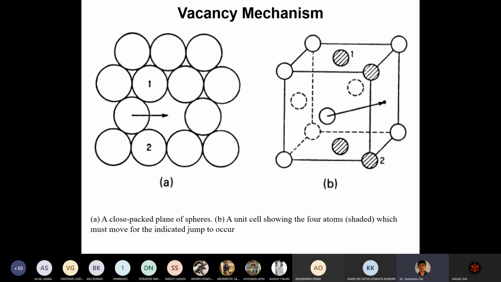So you can check that the distortional energy put into the lattice in moving an atom into an adjacent vacancy is roughly equal to the energy required to move a carbon atom from one interstitial site to another in the same FCC phase.